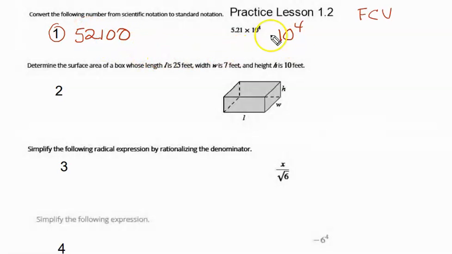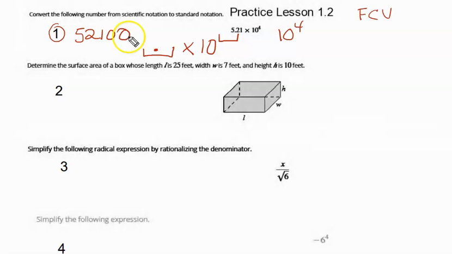Now, while we're here to practice, let's put this in scientific notation. Remember, scientific notation is some number between 1 and 10 times some power of 10. So our decimal place is here.